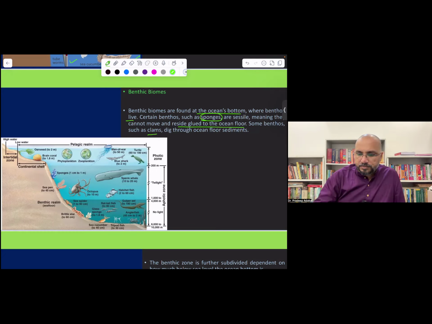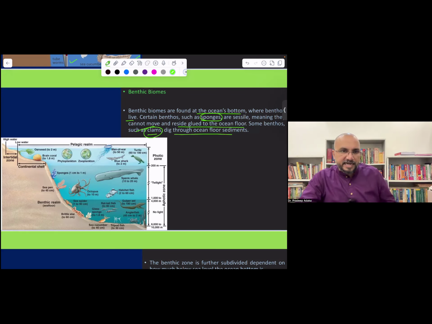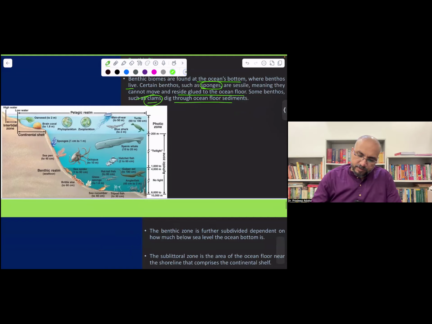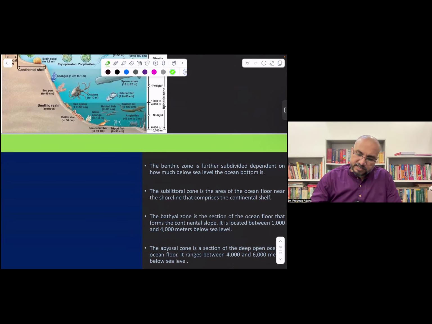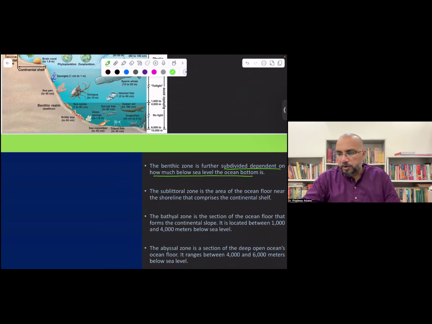They dig through the ocean floor sediments and they attach themselves. Okay. Shelled animals. So bivalves. So the benthic zone is further subdivided depending upon how much below the sea level the bottom is.